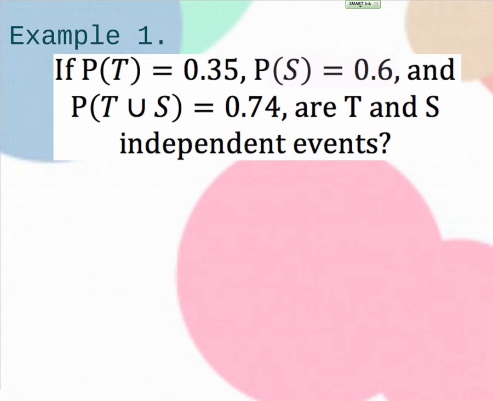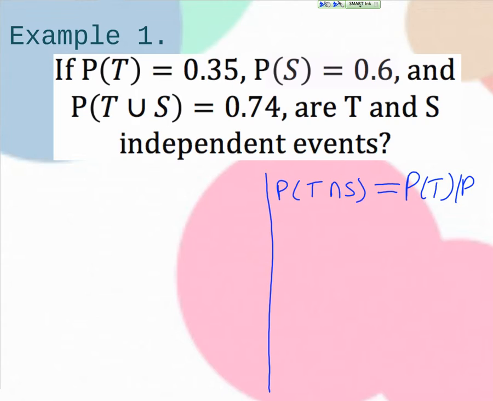To decide if they are independent events, we need to find the probability of the intersection of these 2 events. And we need to double check that this equals the product.